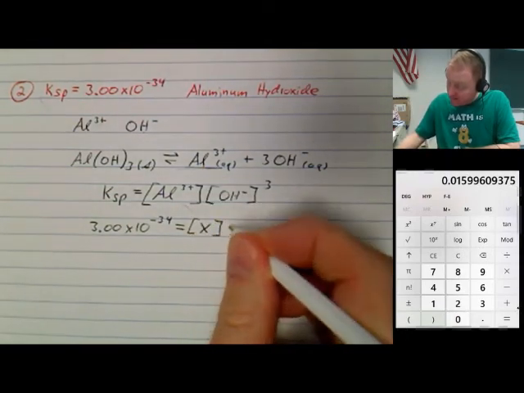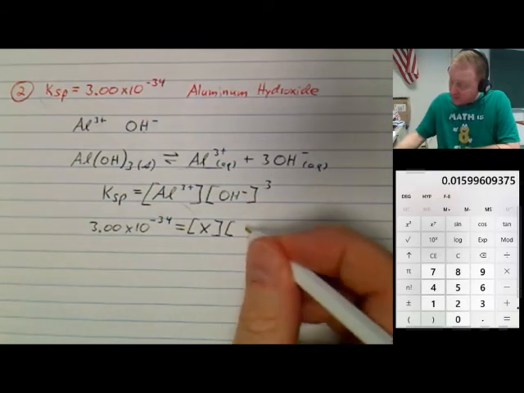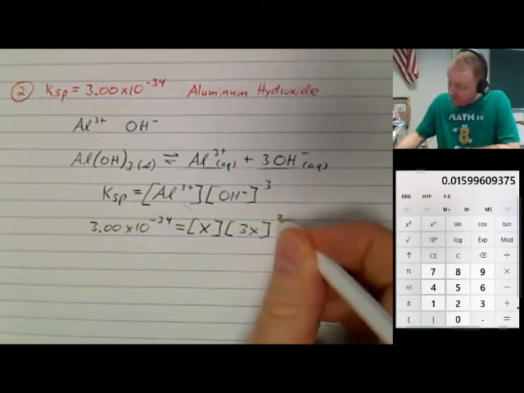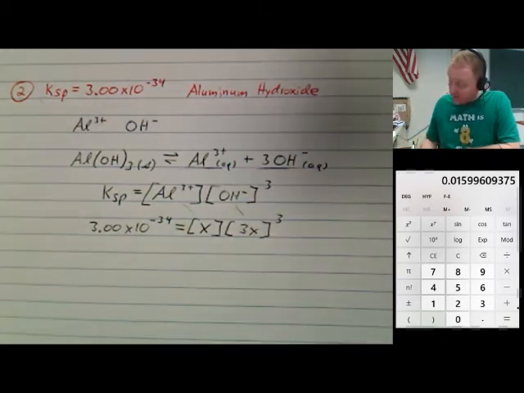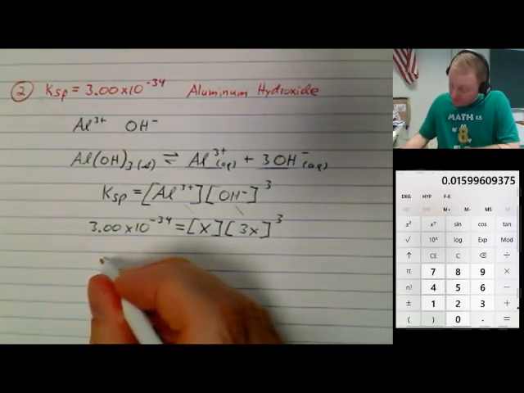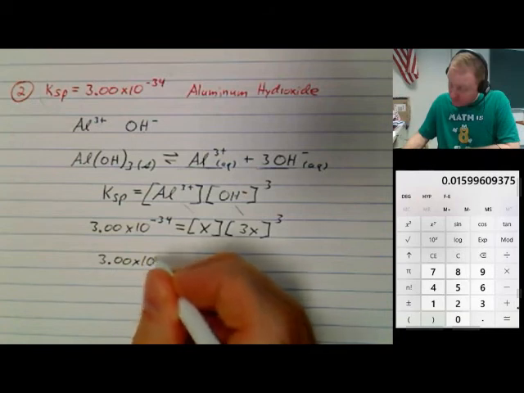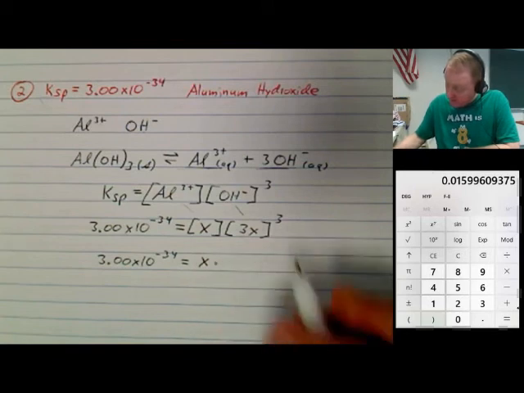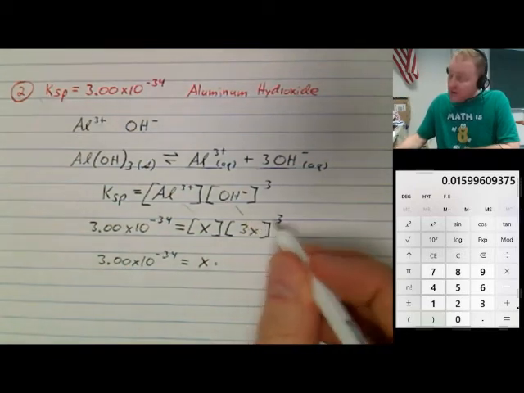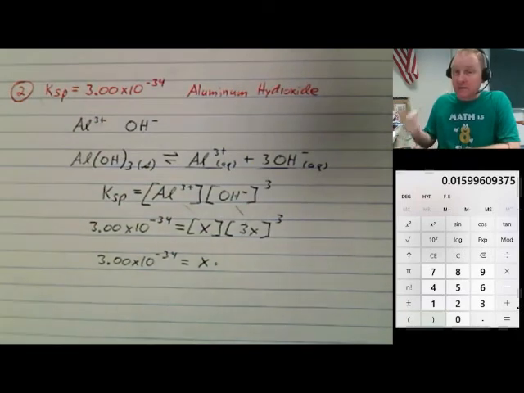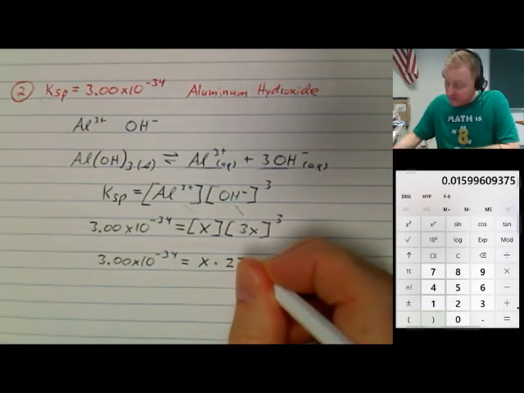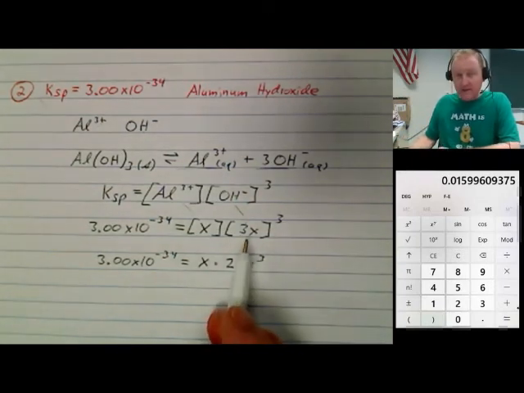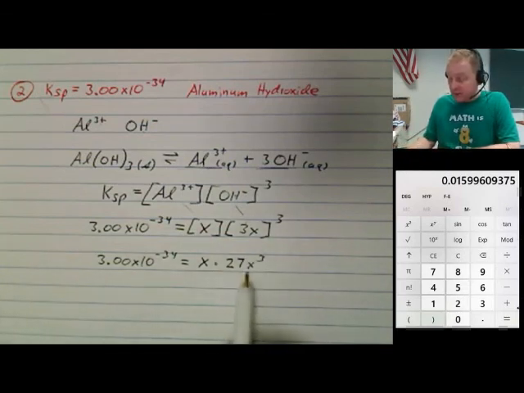So that's x times the hydroxide, which is 3x, cubed. Rearranging, 3.00 times 10 to the negative 34 equals x times 3 cubed, which is 27, so 27x cubed. Remember, this is 3x cubed, meaning 3x times 3x times 3x. That's why it's 27x cubed.